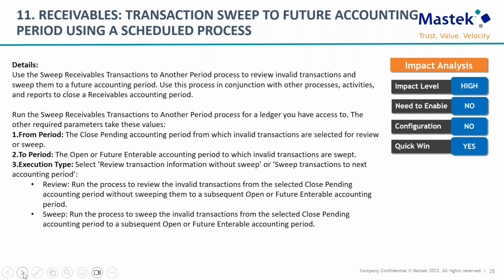This should be selected in case we need to review the transactions which are invalid without sweeping them to the next subsequent period. And the second option is to sweep transactions to the next accounting period. Users can run this process to actually sweep the transactions to a subsequent period.